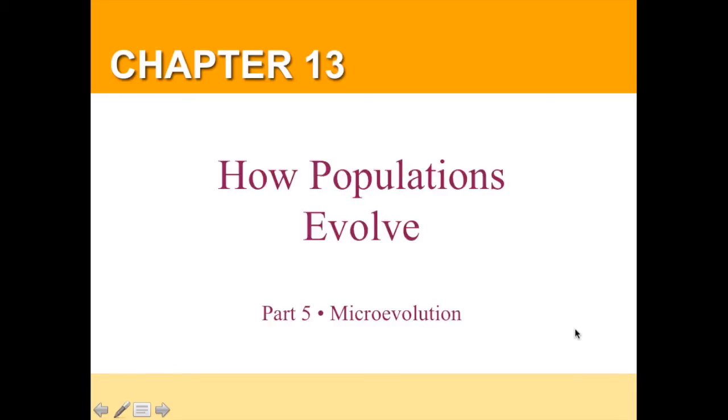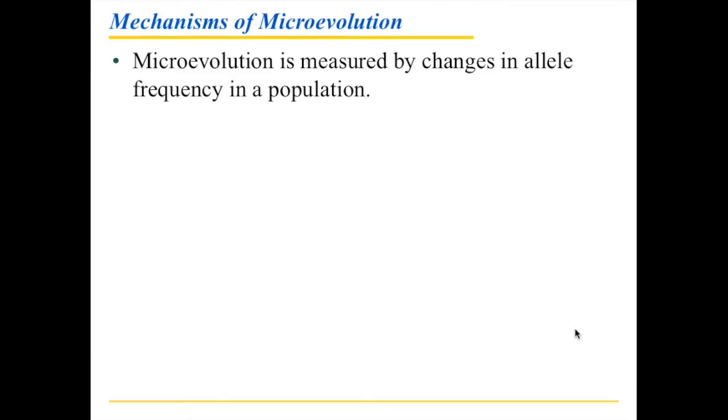So let's really take a good look at microevolution and how it works. So microevolution, as we established using these Hardy-Weinberg characteristics, is something we measure by changes in allele frequencies.